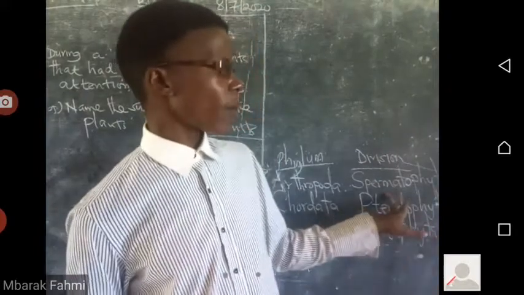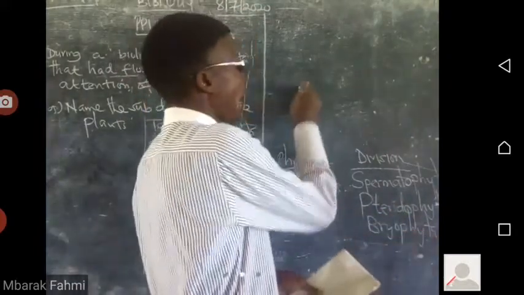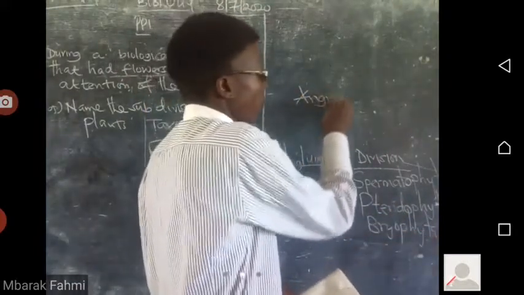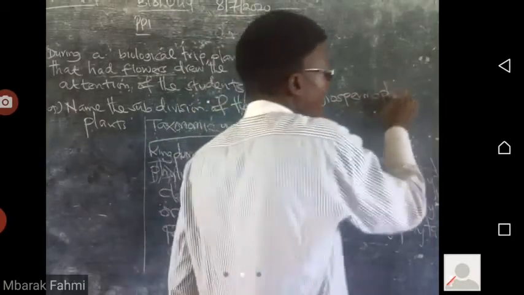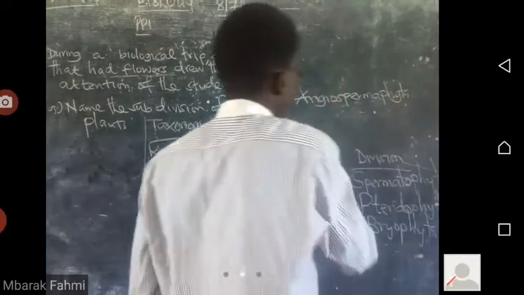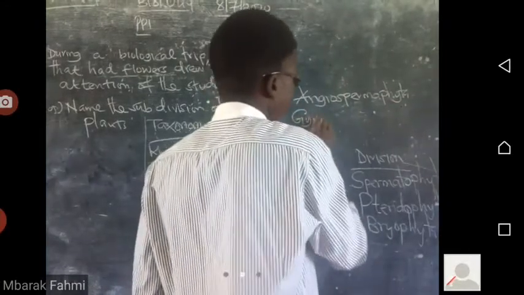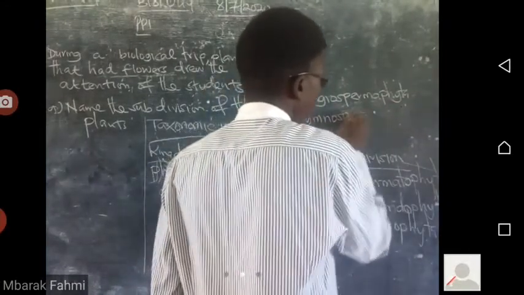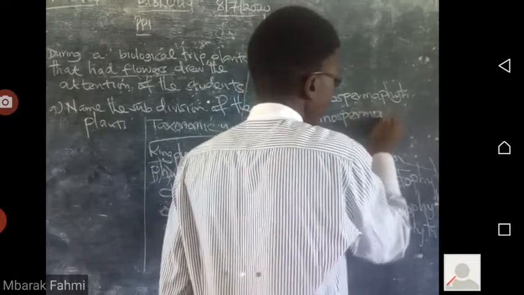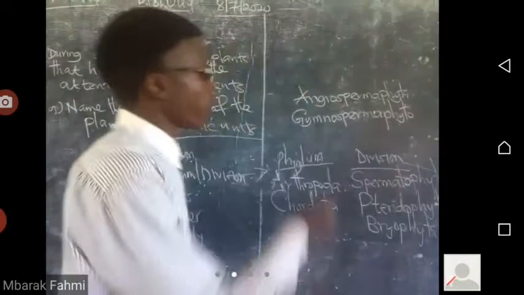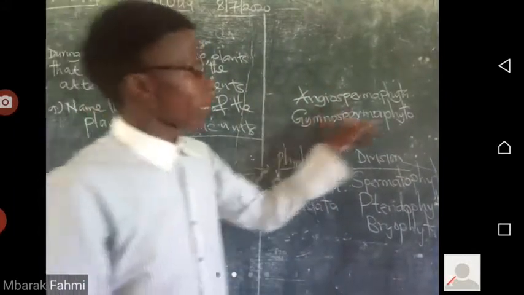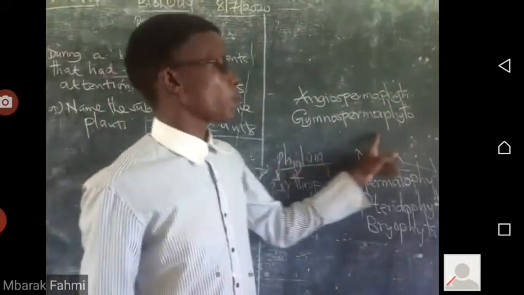The two subdivisions are the Angiospermophyta and the Gymnospermophyta.